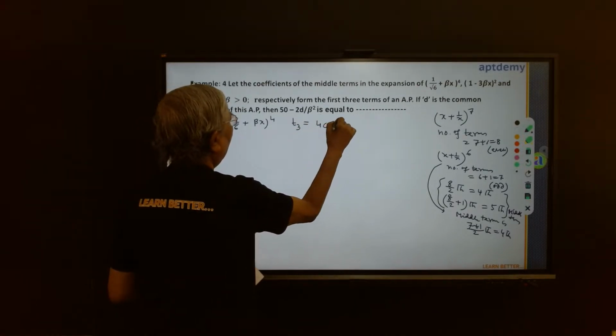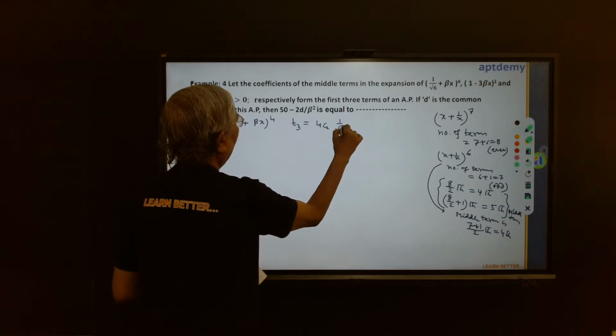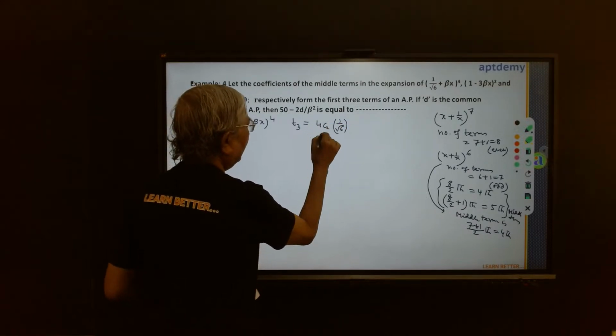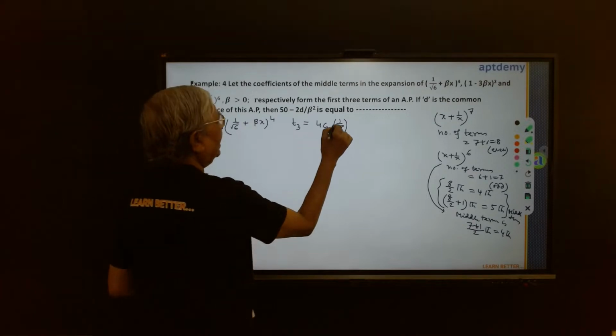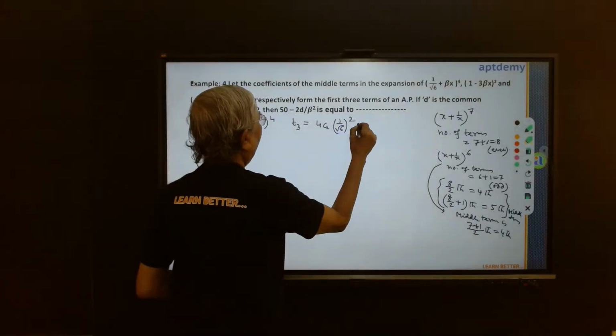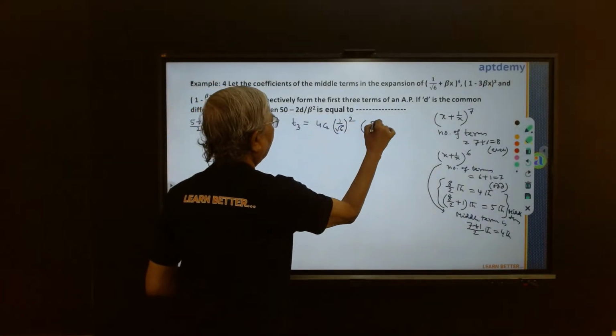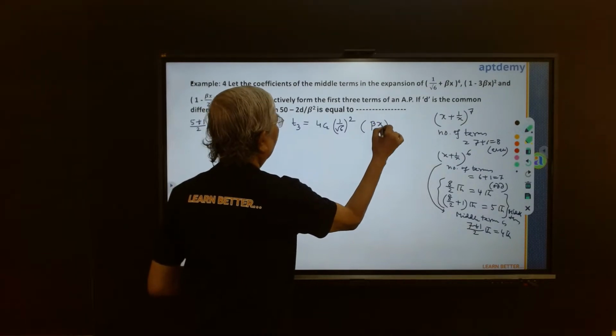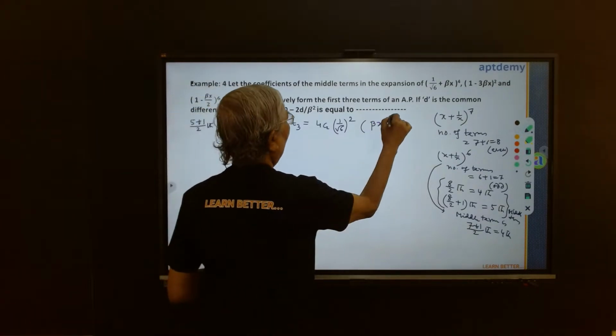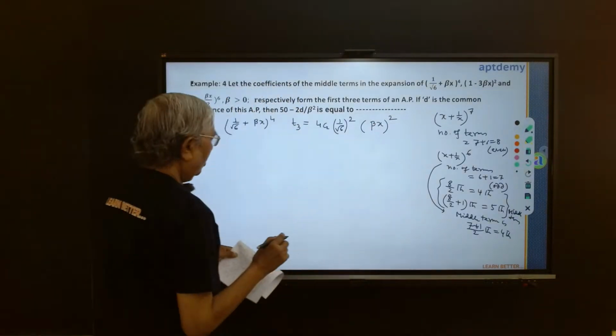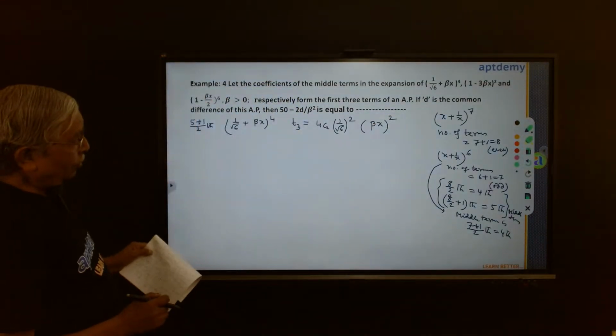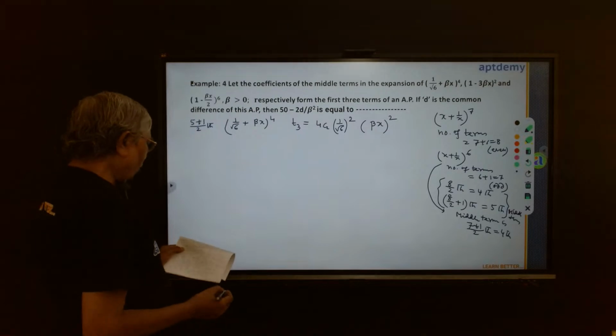T3 is equal to 4C2 (1 by root 6) whole to the power n minus r, that means 2, into (beta x) whole to the power r, that means whole to the power 2. 4C2 (1 by root 6) whole to the power 2 (beta x) whole to the power 2.